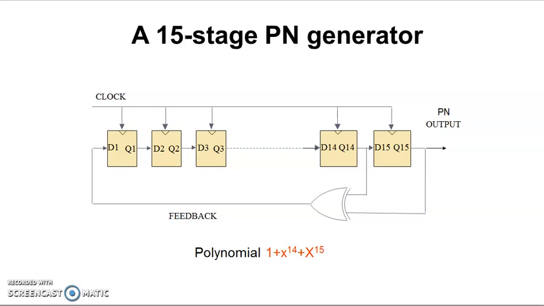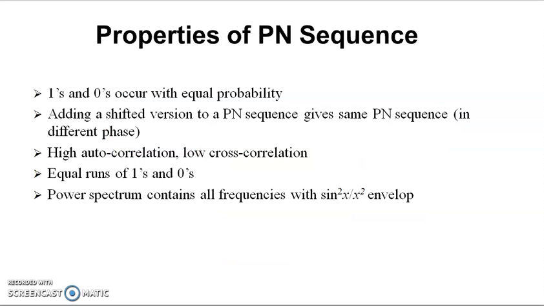Now there are several properties of a PN sequence generator. We need synchronization of two sequences generated at different places in spreading the spectrum of the signals or generating high speed sequences. So that's why we learn the properties. It has ones and zeros occurring with equal probability.